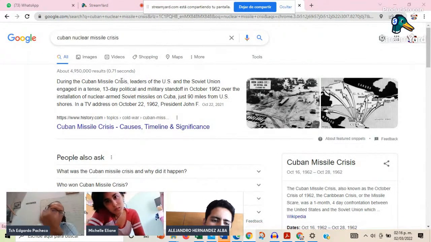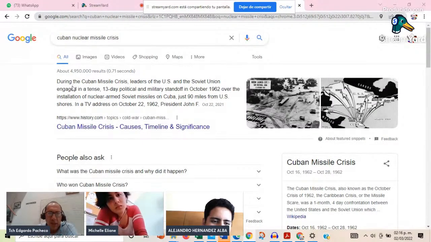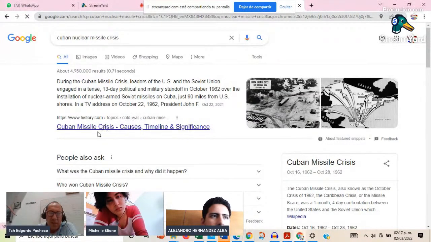It's exactly the same, but on this side of the world. During the Cuban Missile Crisis, leaders of the US and the Soviet Union engaged in a tense 13-day political and military standoff over the installation of nuclear-armed Soviet missiles in Cuba, just 90 miles from the US. So it's exactly the same, right?